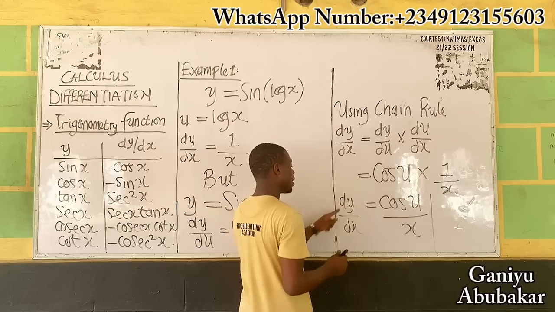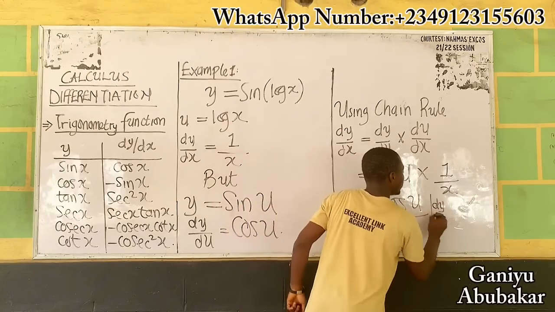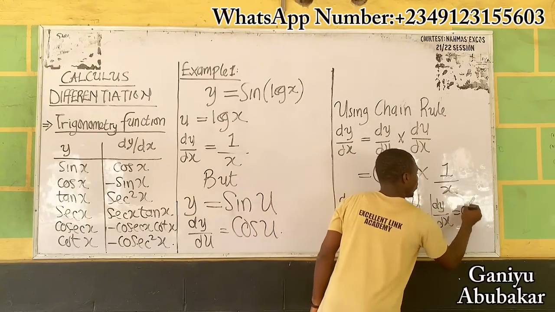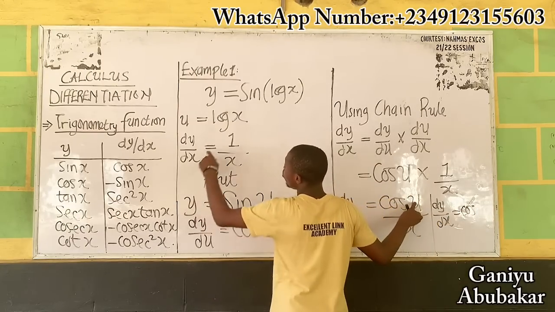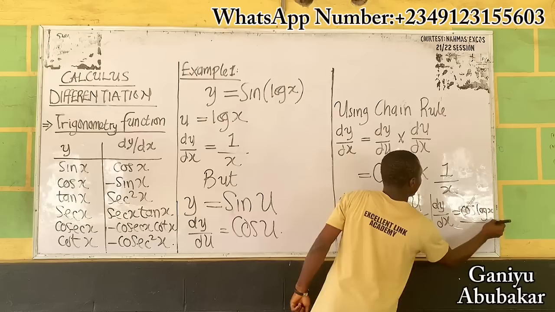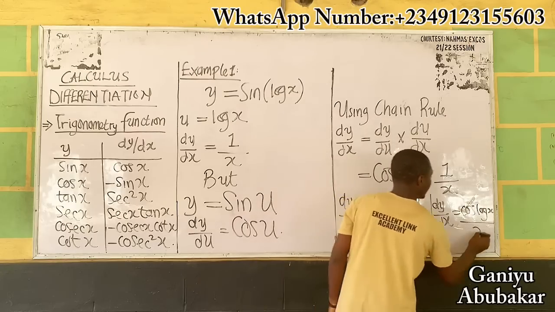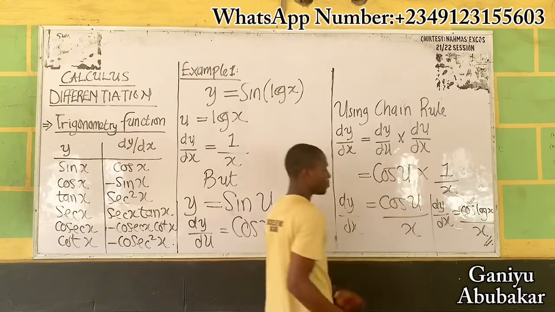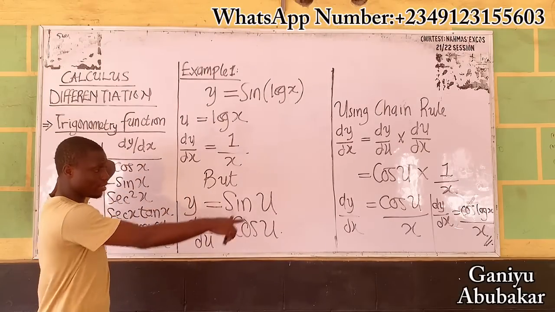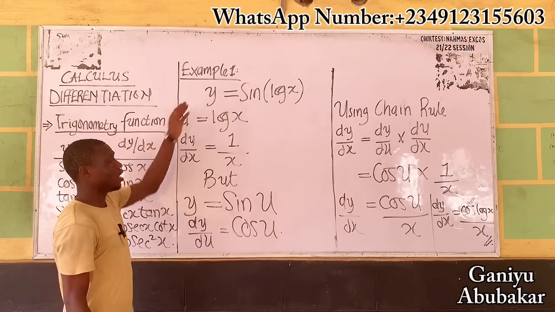Make it proper. dy over dx will now be equal to cos of what's u? u is log x, so that's cos(log x) all over x. This becomes my answer to this particular question.